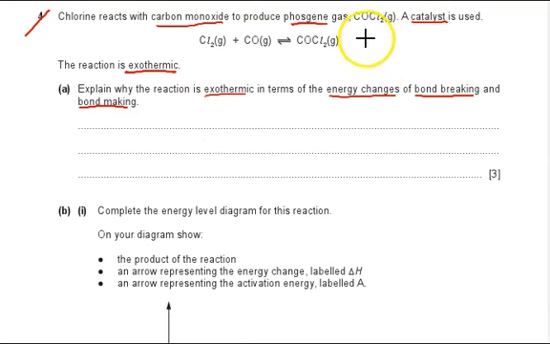When you have bond breaking, just make it simple as breaking. When you are breaking a bond, it should be endothermic because you are absorbing the energy. You are absorbing the energy to break the bond. But when you are forming the bond, you are releasing the heat. So this one will be the exothermic.